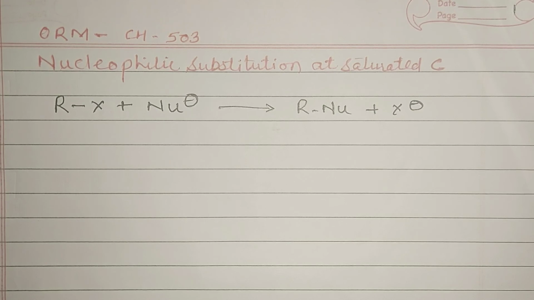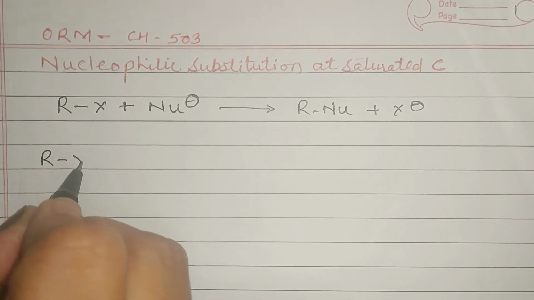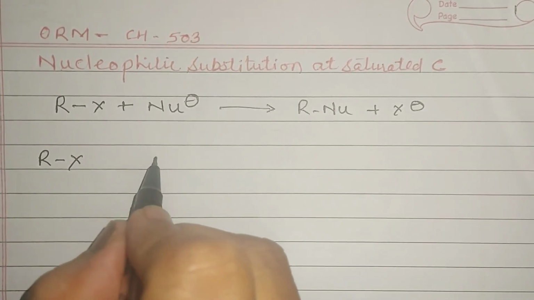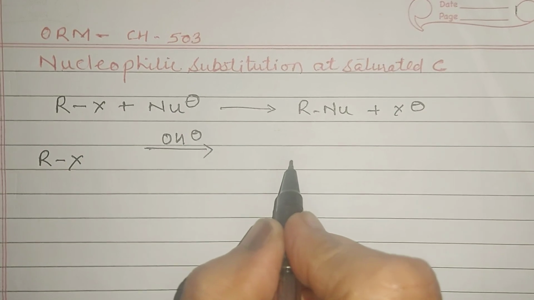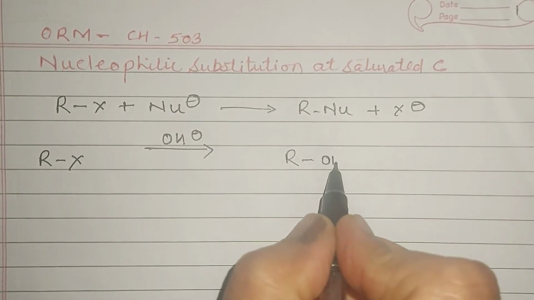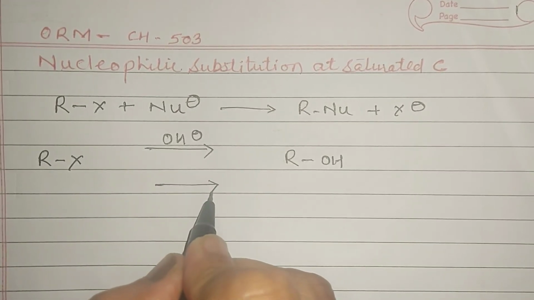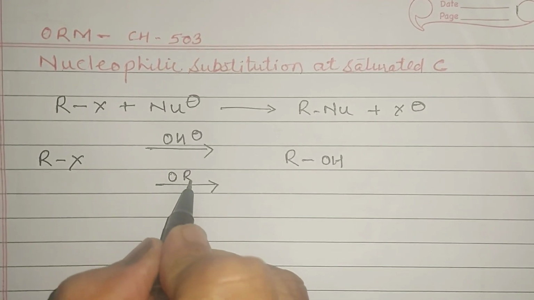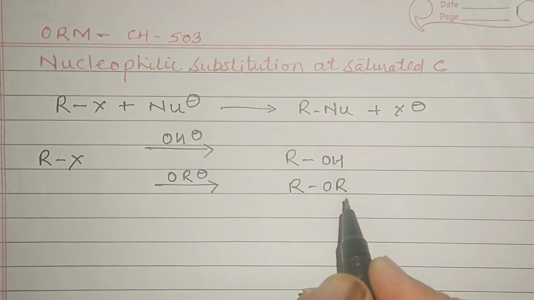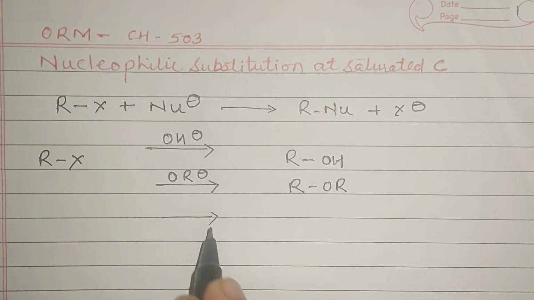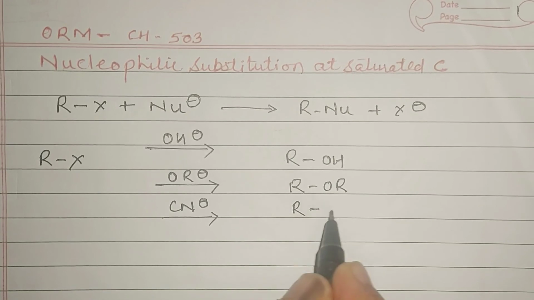There are some more examples of this reaction. Suppose we take alkyl halide RX, and when it is hydrolyzed with OH negative, it will give ROH. When it reacts with another nucleophile, OR negative, it will give ROR. With CN negative, it will give RCN.